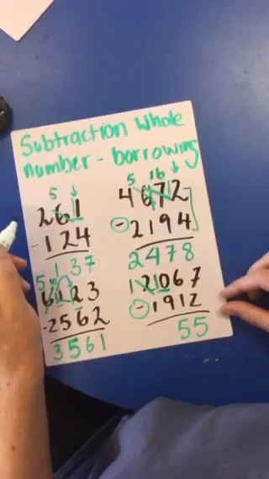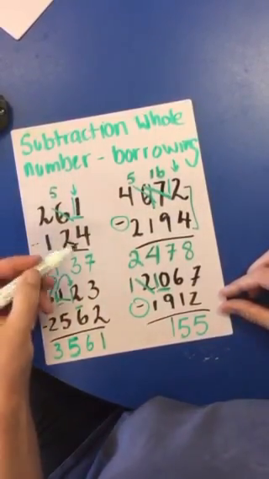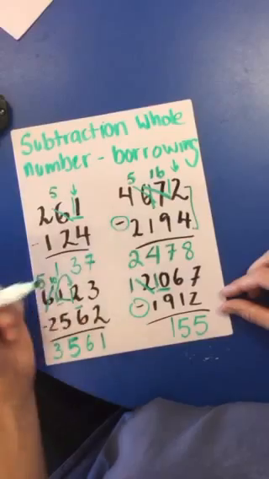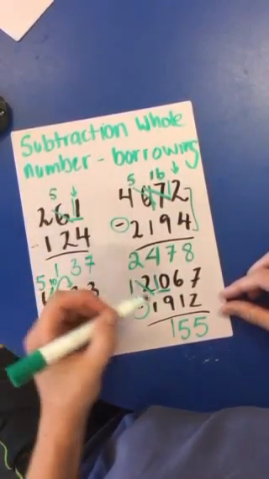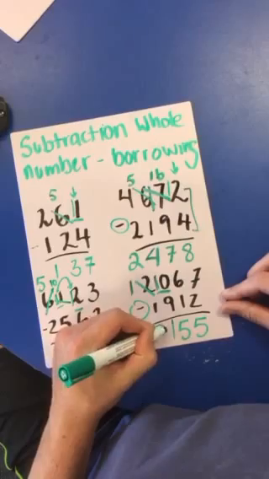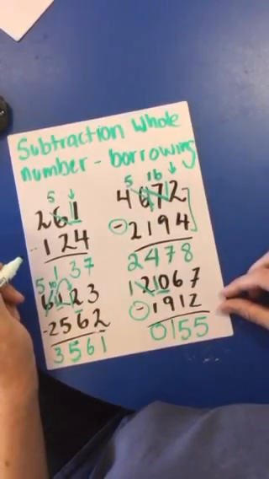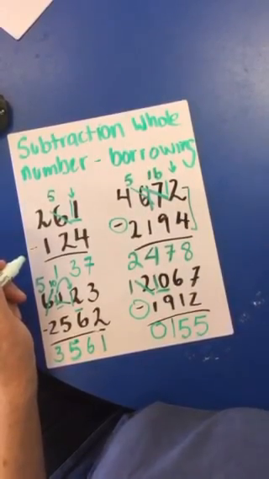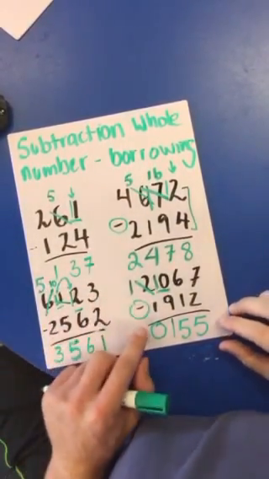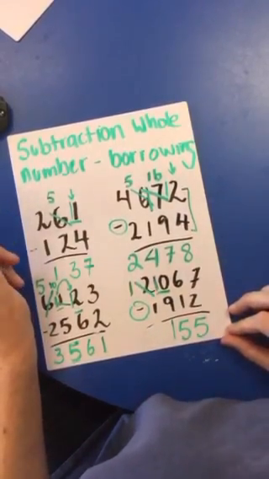That's just what we want. 10 subtract 9 equals 1. And 1 subtract 1 equals 0. Now, just ask yourself, does 155 look right? Or does that look right?